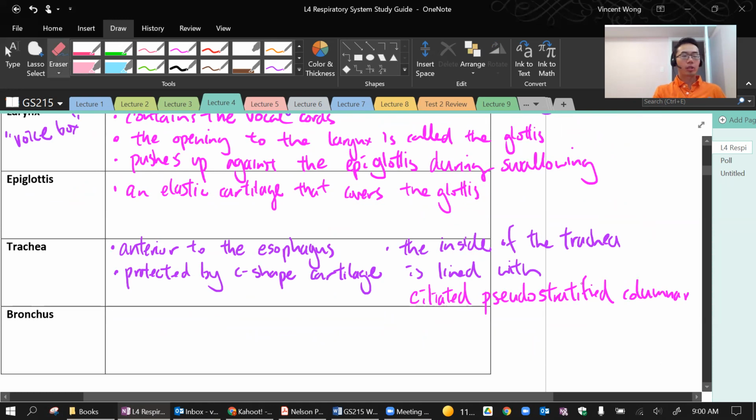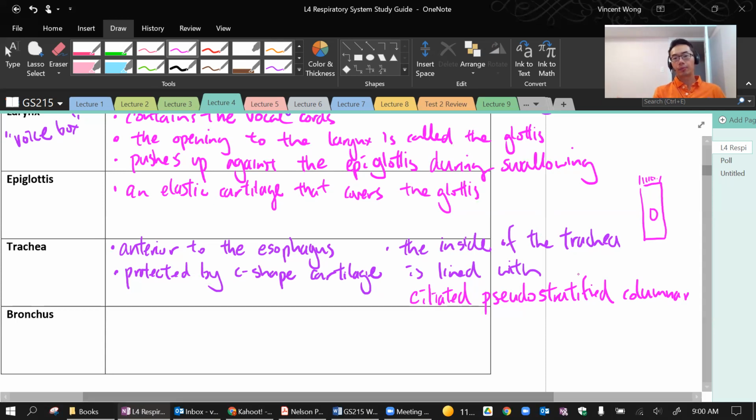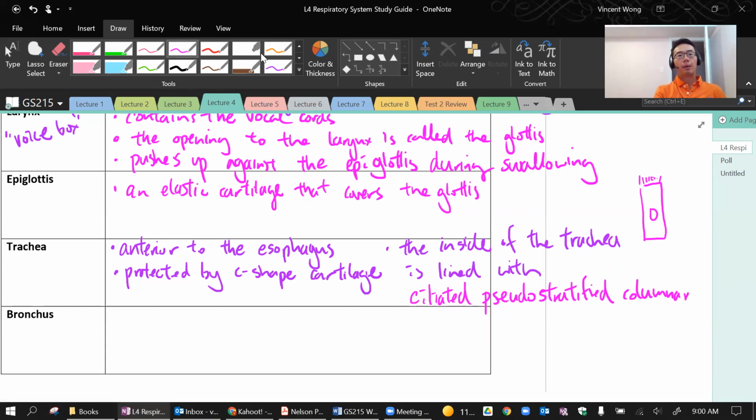You might remember learning this last semester, but basically columnar cells are rectangular cells. Ciliated means they have cilia on them. Stratified means multiple layers, but these are pseudostratified, which means they look like multiple layers, but actually it's just one layer. So that's what the inside is made up of.